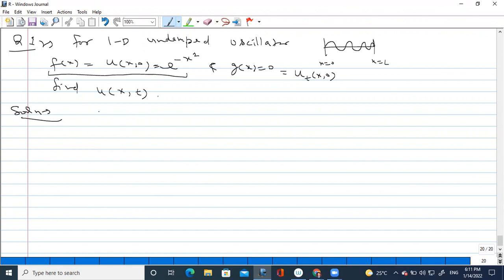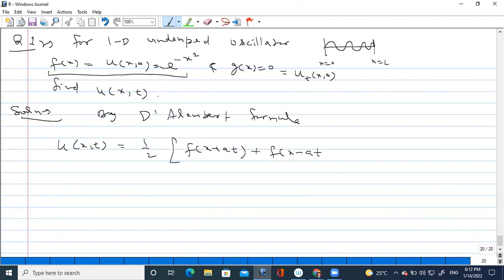So just take this f(x) and put it in the D'Alembert formula. Because g(x) is 0, by D'Alembert formula, u(x,t) will be half of f(x plus at) plus f(x minus at). Now f(x) is e to the power minus x square.